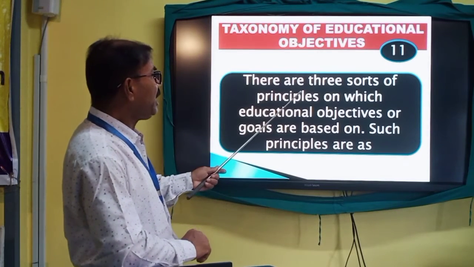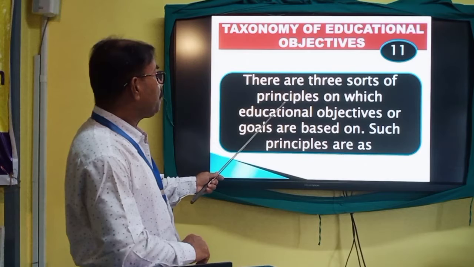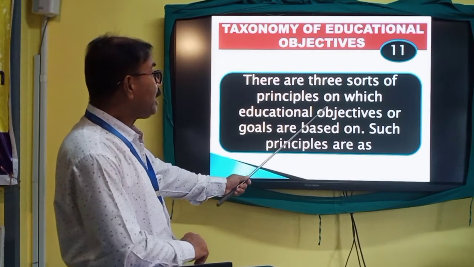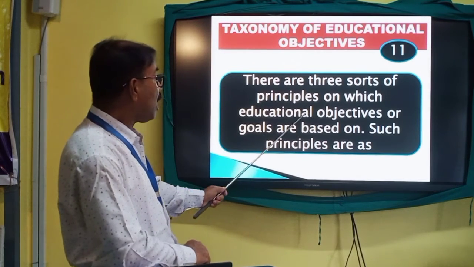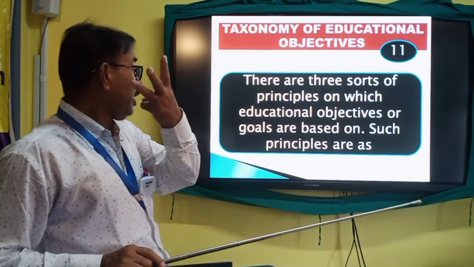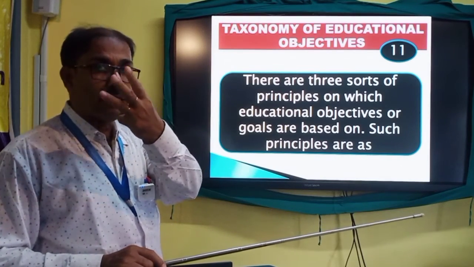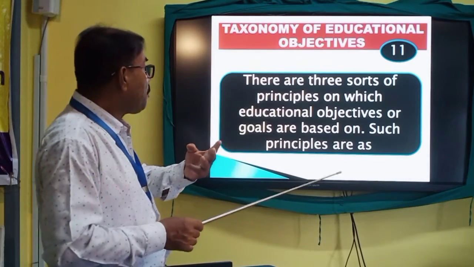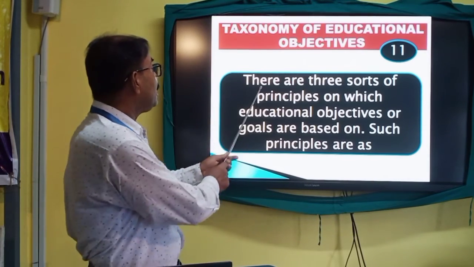There are three sorts of principles on which educational objectives or goals are based. If it is asked in an examination in short, objective form, there are three.